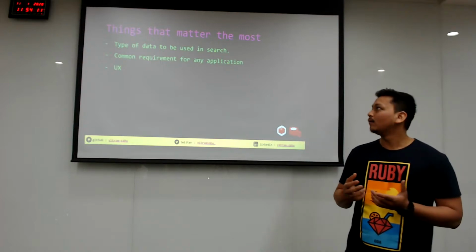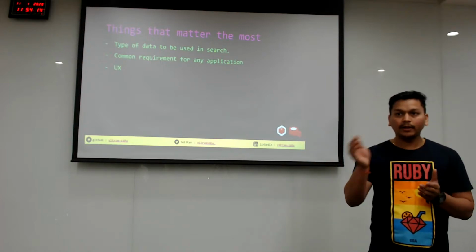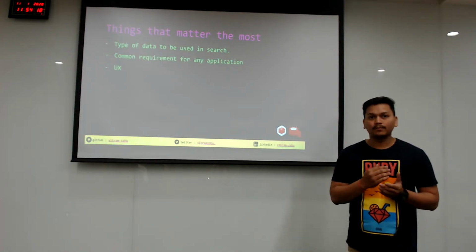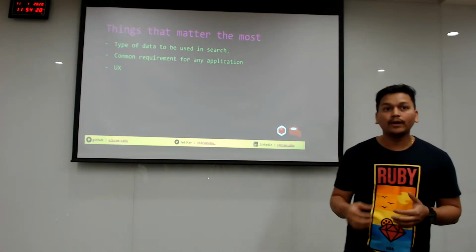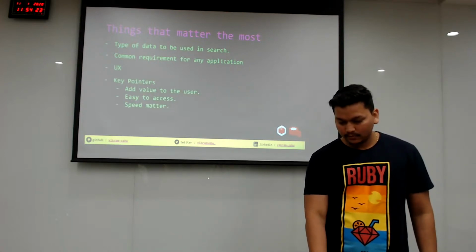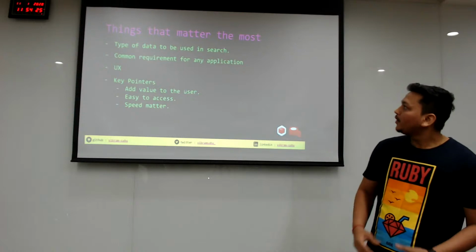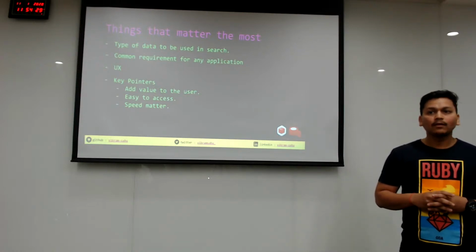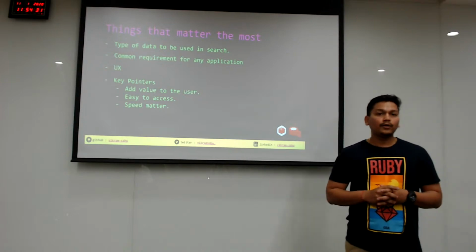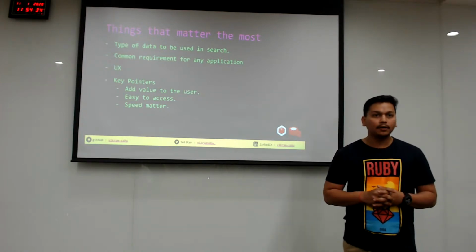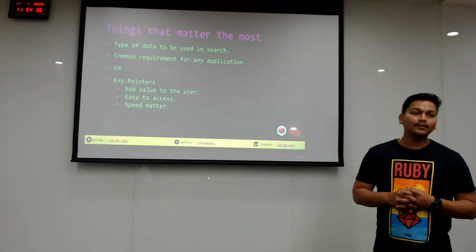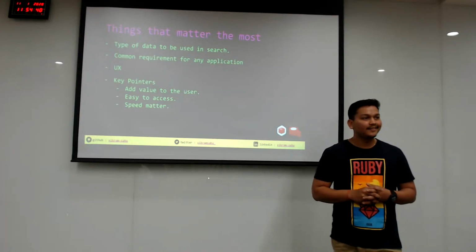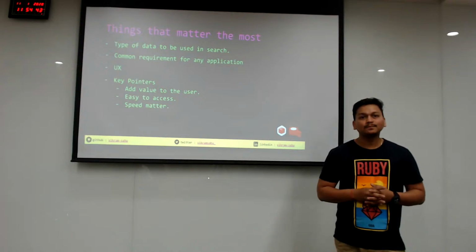Whenever you are building a UX and you are hitting a query, it should be instantly fast. UX should be better. Key pointers: it should add value to the user. For example, if you type Redis Mumbai meetup and it suggests Redis Day Bangalore conference, that will do.